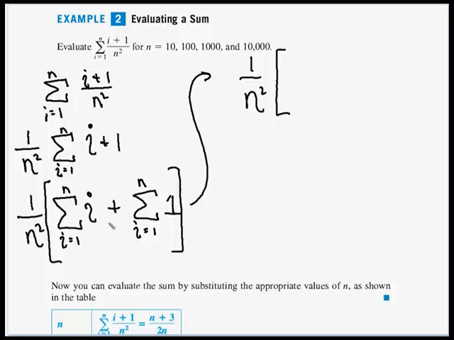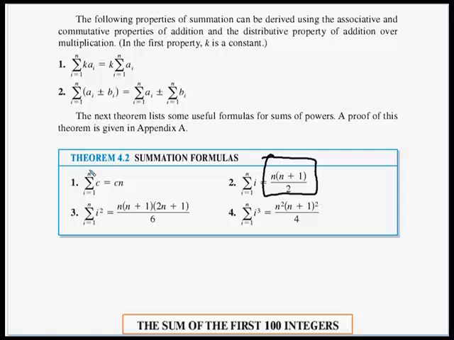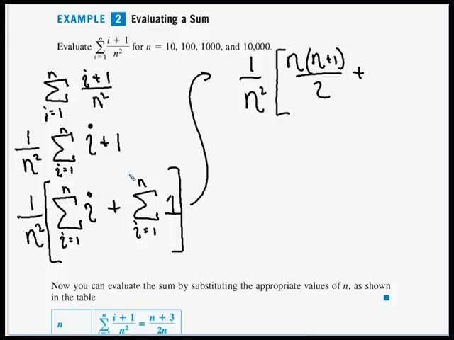So I'm going to replace that first summation with n times quantity n plus 1 over 2, plus our next summation from i equals 1 to n of a constant. Remember, that just says we bring the n down and multiply it by the c, whatever that number is, n times c. So here we're going to have n times 1 is n.